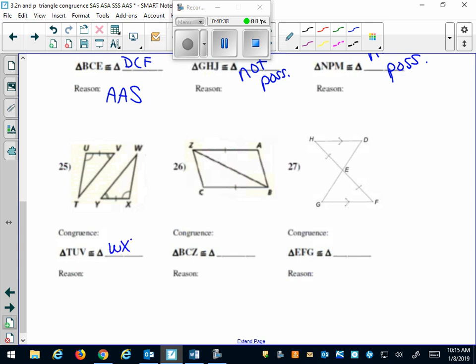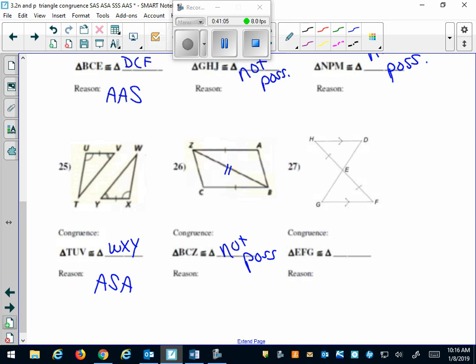What would be the reason? ASA, correct? What else can we mark here? What would be our reason for marking that? Reflexive property, right? And then, is there enough information to give a triangle congruence? Nope.